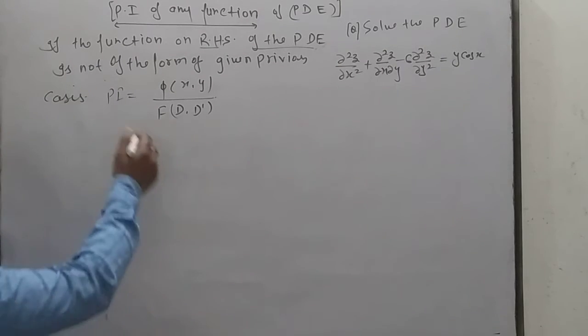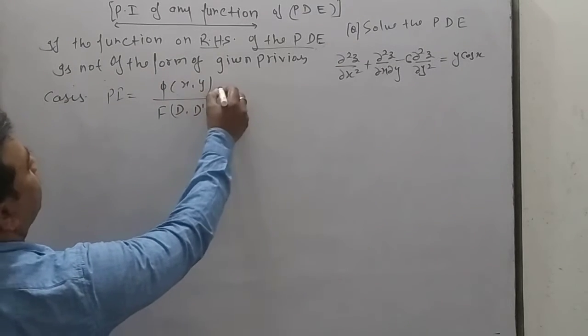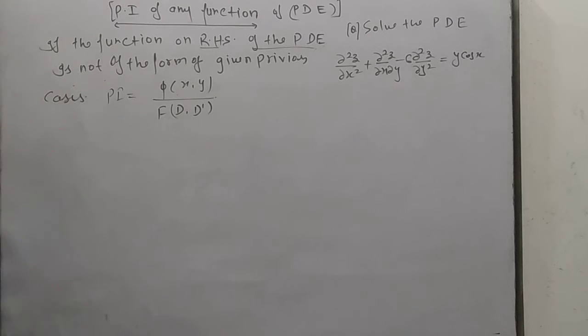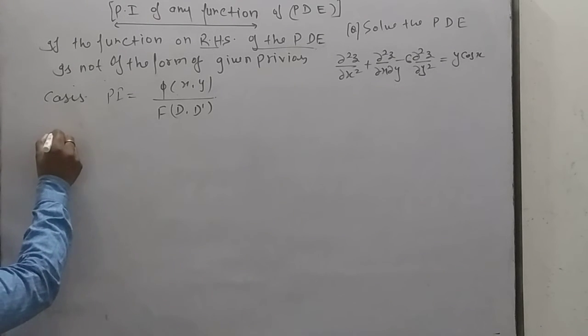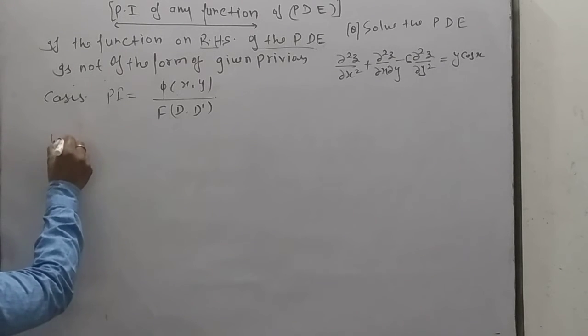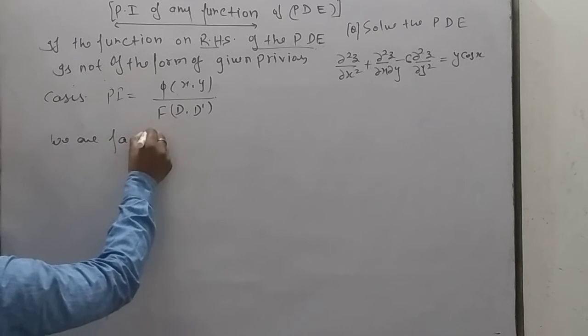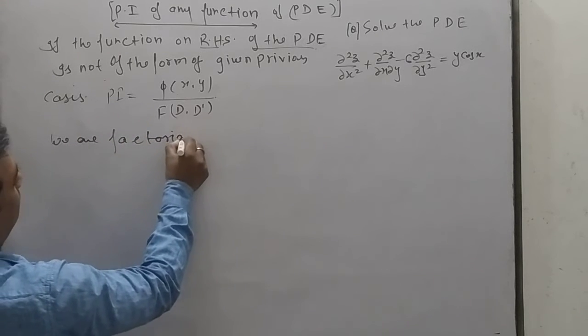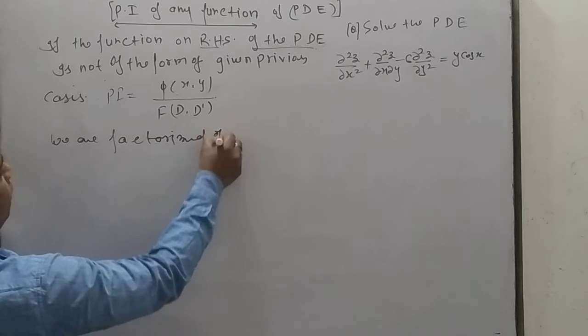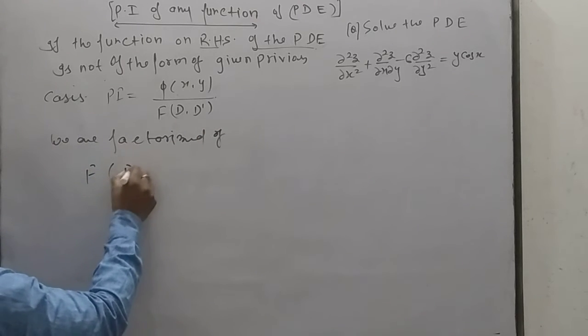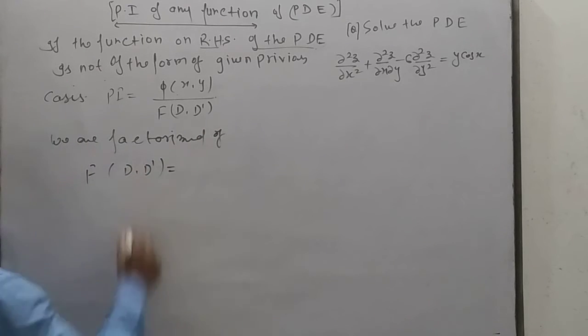So PI of phi of x and y over f of D and D dash.